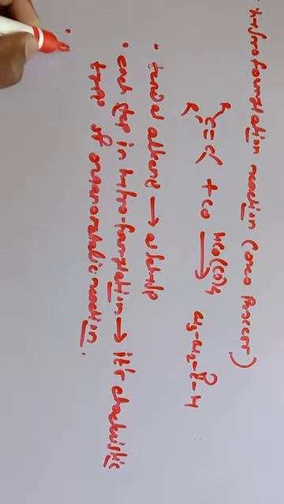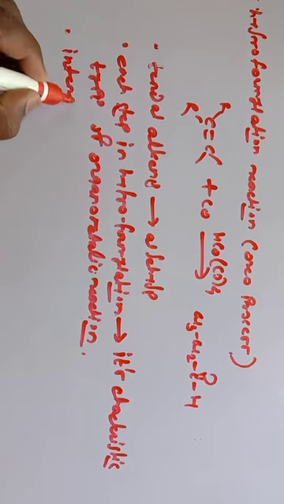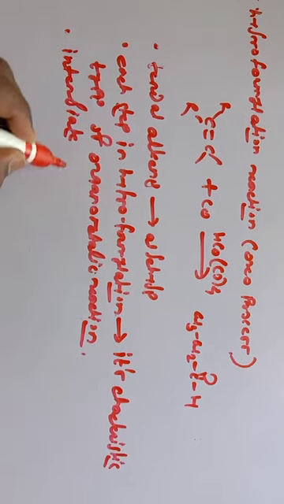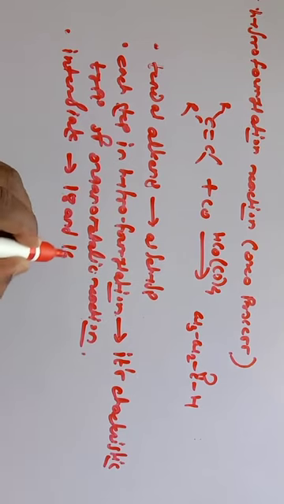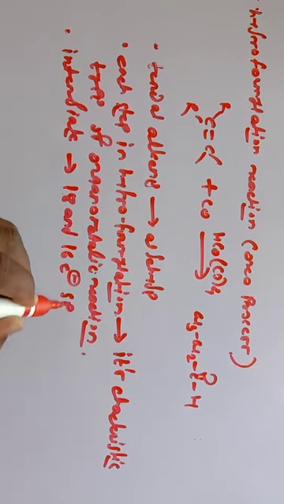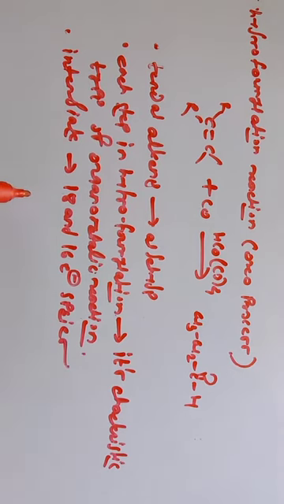So whatever the intermediate, it is a cobalt containing intermediate having 18 or 16 electron species.